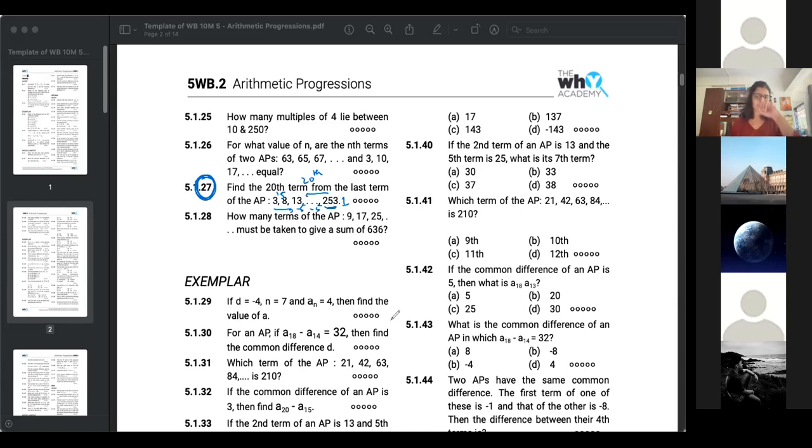So Anirban, I took A as 253 only. So how did you get the 20th from the last? Did you find out 253 kaun sa position mein hai? Yeah, I found out the number of terms. So I got 51 total terms and then subtracted 20 from it, and then you found it. So that is also correct. Logically it's correct, but if you do this, ek step mein aa jayega.